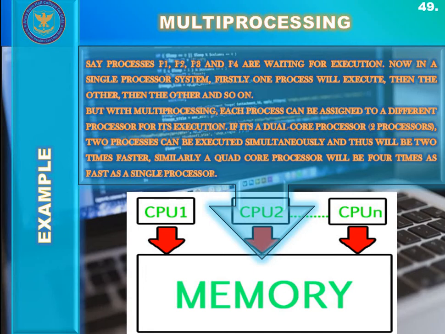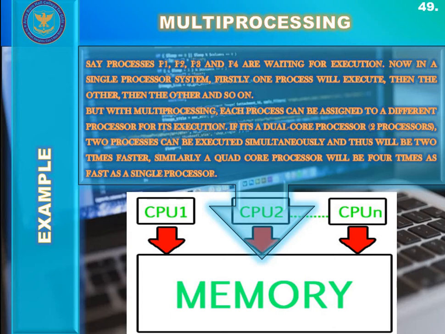Let's suppose a computer is a dual core computer which has 2 processors. So both of the processors would handle two processes each. One CPU would handle 2 processes, the other CPU would handle the other 2 processes. So the 2 processes can be executed simultaneously and thus it will be 2 times faster.